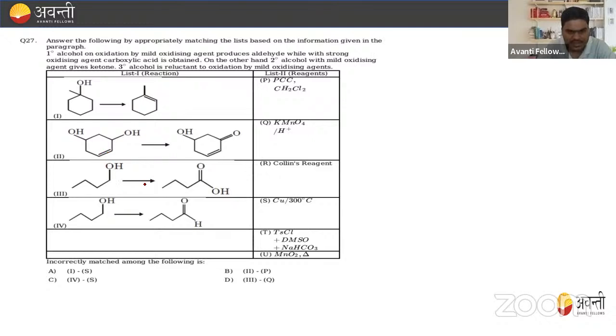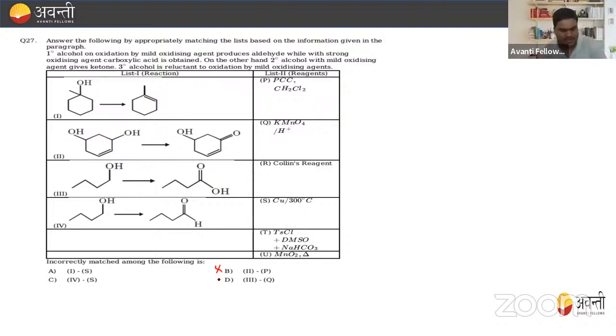The second one, the alkene obtained, is in option A. In option B also we have a structure where, when treated with KMnO4, this OH will be converted to O. And in the third one, the primary alcohol is converted into carboxylic acid, and this is copper. So we know that this is absolutely incorrect.